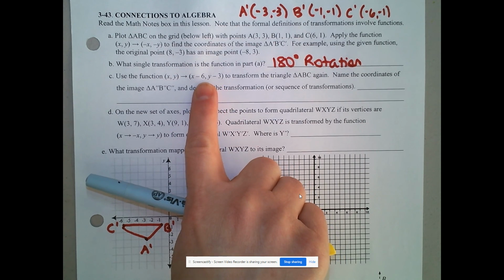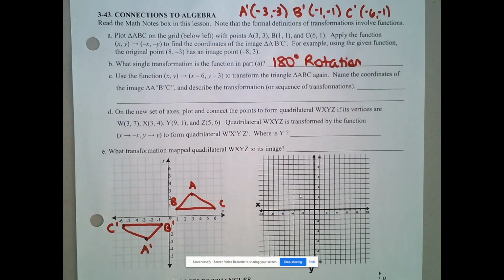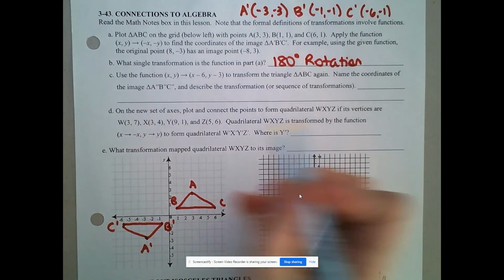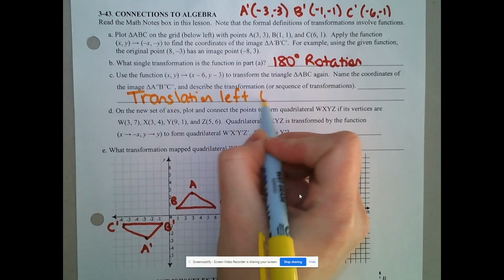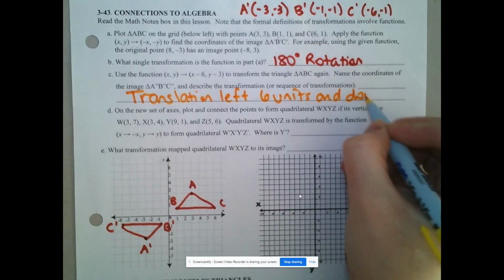It's a translation. And I can tell that because it's subtraction and addition. So by going x -6, y -3, that's going to be a translation left 6 units and down 3 units.